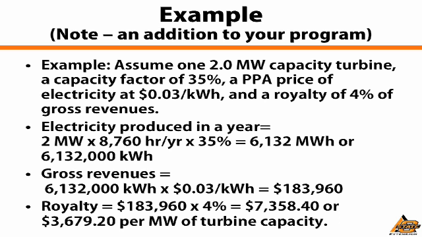Well, take those kilowatt hours, multiply it by the price per kilowatt hour. That tells us we're getting about $184,000 in gross revenues from that turbine. Our royalty is 4% of that. So multiply that number by 4%, and that tells us that's about $7,400 per year in royalties from that turbine.